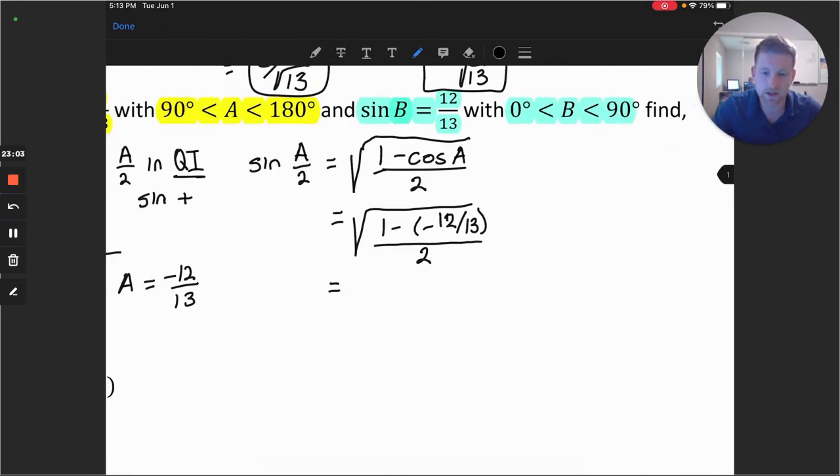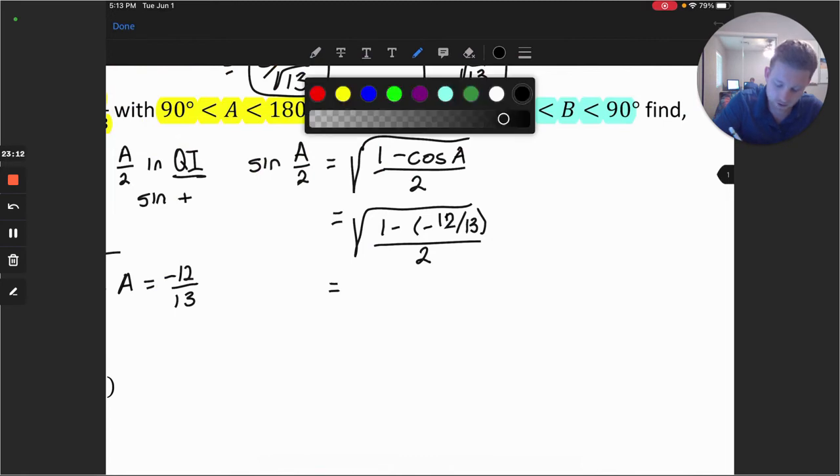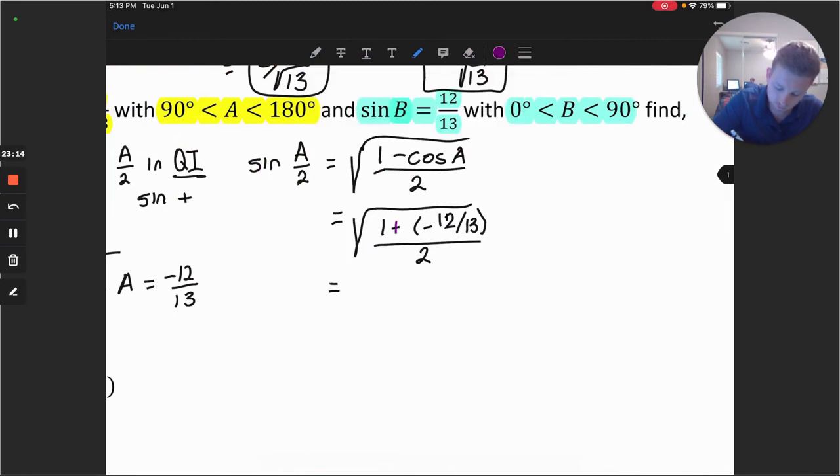We'll take a look at that. It equals 1 minus a negative number. We'll have a double negative here again to work with, so this will turn into a positive. So this is really 13 over 13 plus 12 over 13, which is 25 over 13.